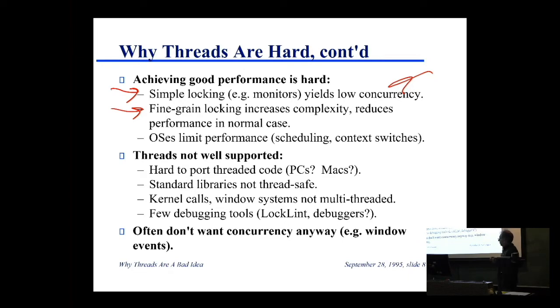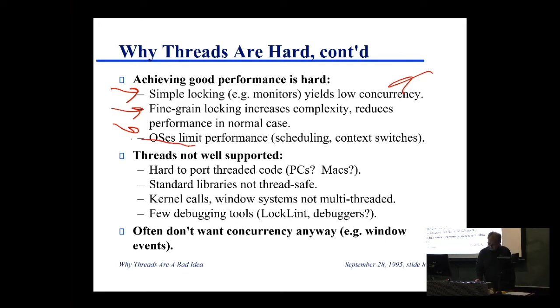It also reduces the performance in the common case because you've simply got to grab and release lots of locks for manipulating the different parts of the operating system, even if there's no chance of a race, because you have to be conservative with lock acquisition. And there's also the switching between different lock holders and context switching overhead, etc., that also limit the overall performance.